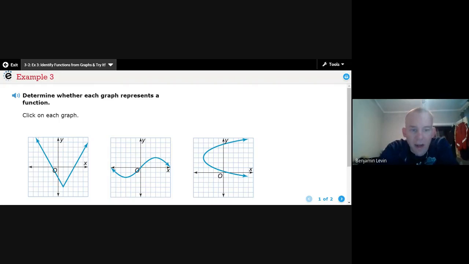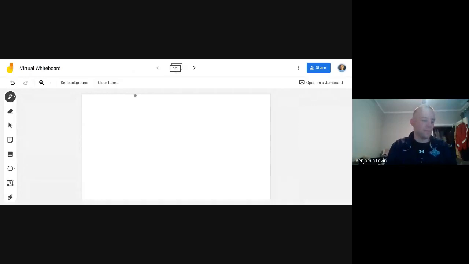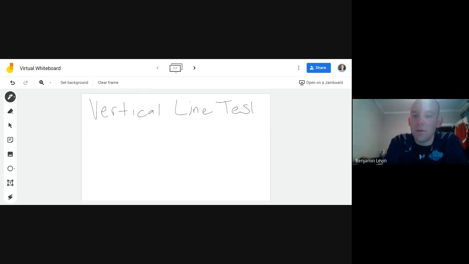When you look at graphs, there is a way to determine whether or not the graph is a function. I'm going to write it on the Jamboard. It is called the vertical line test. The vertical line test can help you determine whether or not something is a function.